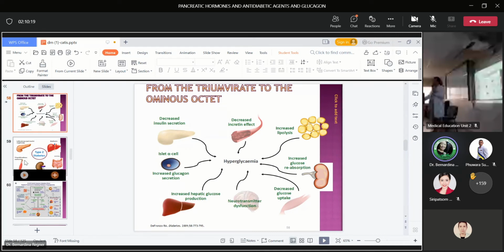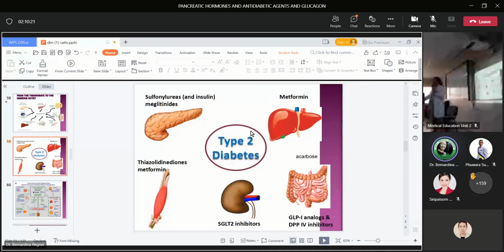Okay, so in type 2 diabetes, you have the following drugs. Your secretagogues, or those that promote insulin secretion: sulfonylureas, insulin, and meglitinides. Then your insulin sensitizers: thiazolidinediones and metformin.